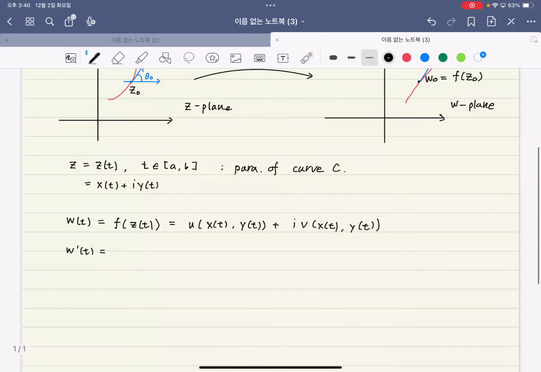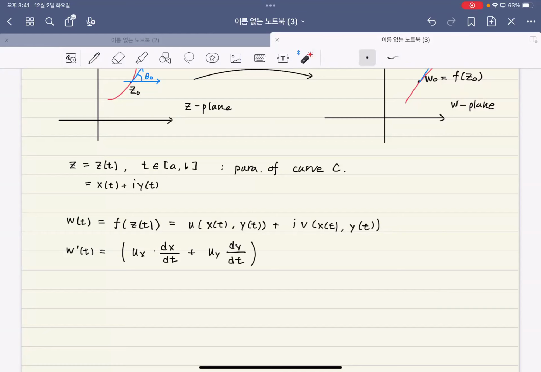So I actually got to use the chain rule: u_x times dx/dt and u_y times dy/dt. So this is the derivative of this part with respect to t.